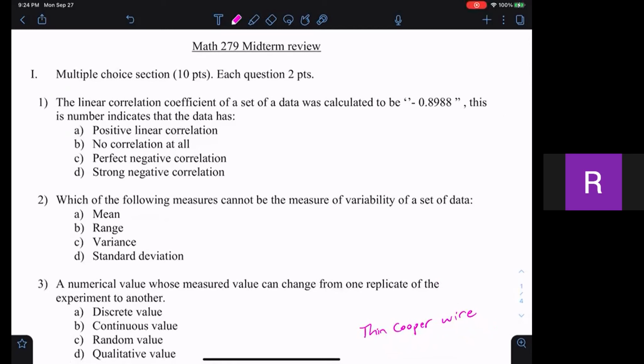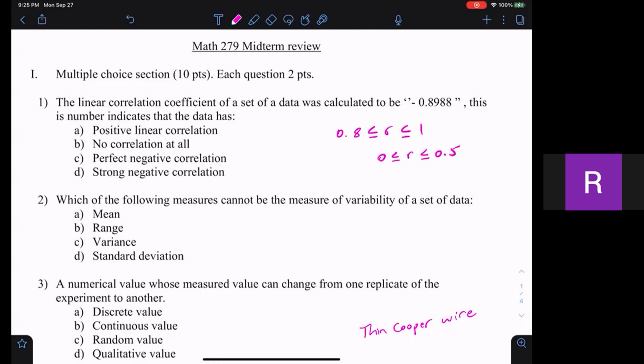In your textbook, I believe they say that strong correlation should be between 0.8 and 1. And the correlation will not be strong if it's between 0 and 0.5.